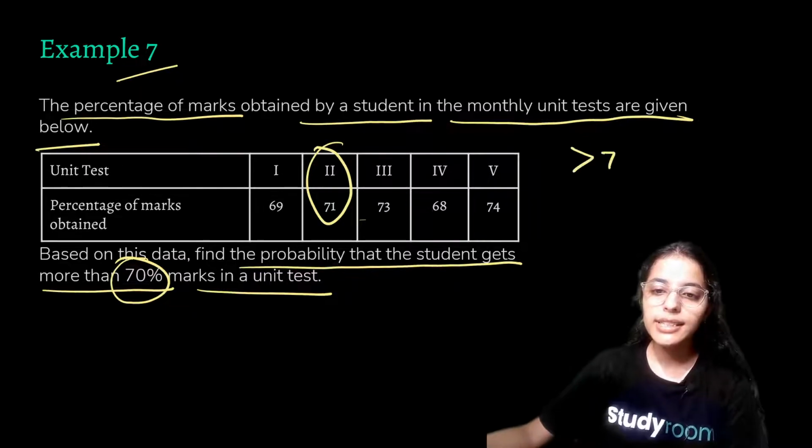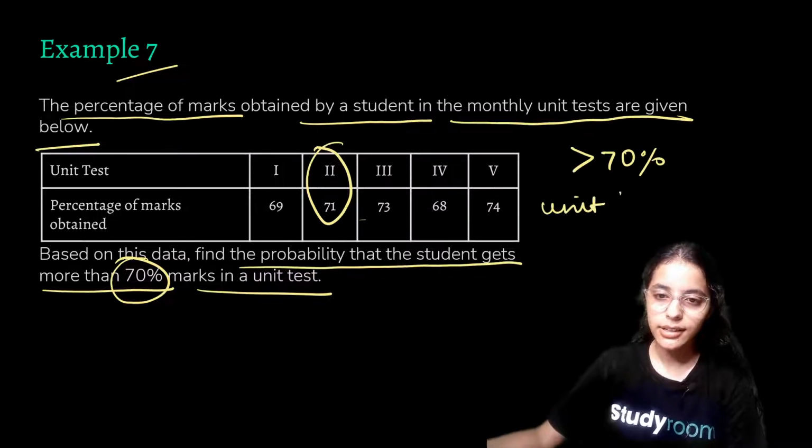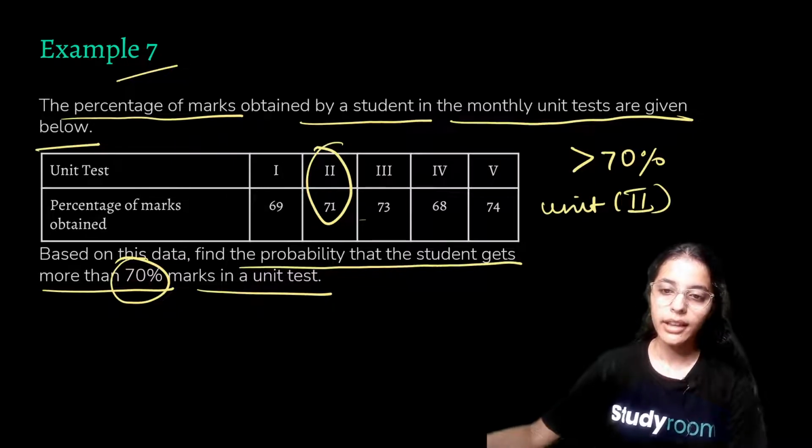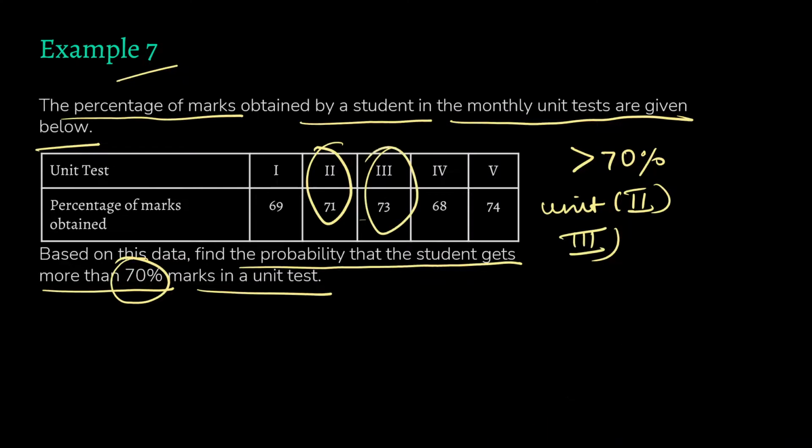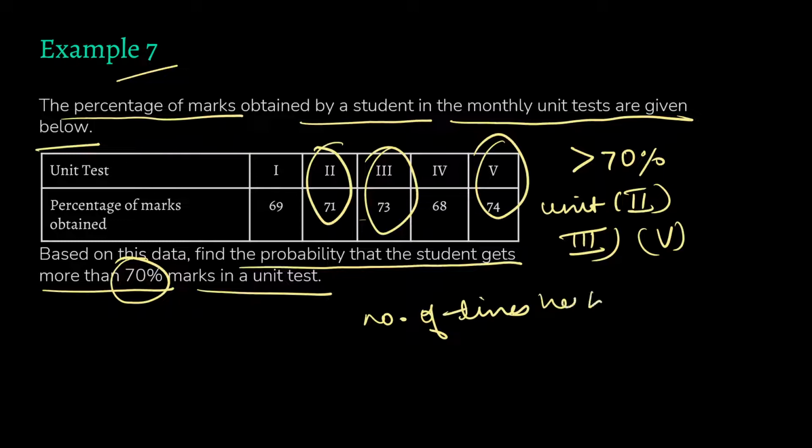So we have more than 70% in unit test 2. Then we have it in the third, right? This is more than 70. Then this is more than 70. And fifth. So the number of times the event has occurred, the number of times he has got greater than 70, is equal to 3, right?